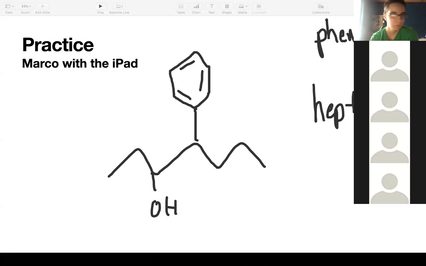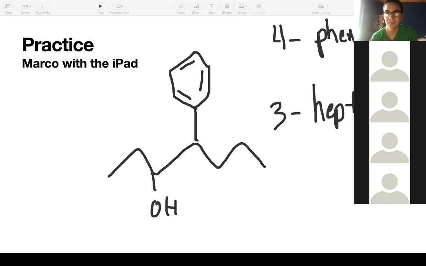So if that's the case, phenyl would be on 1, 2, 3, 4 in either direction. So that means it'll be 4-phenyl, 3-heptanol. So like this. Yes, that's how I would put it. 4-phenyl, 3-heptanol.